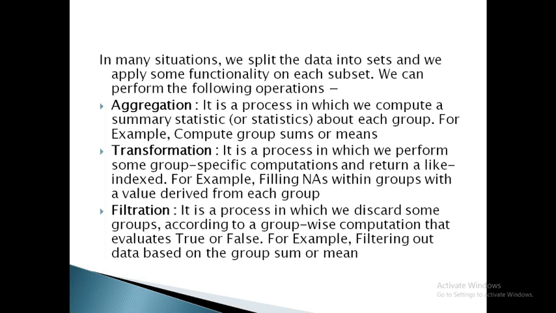It is the process in which we compute summary statistics about each group, for example group sums, group means, medians, etc. Next is transformation. It is a process in which we perform some group specific computations and return a like-indexed object. For example, filling NAs within groups with a value derived from each group.